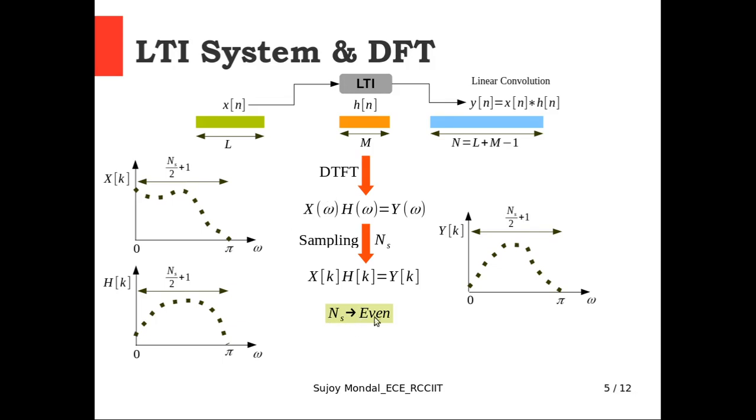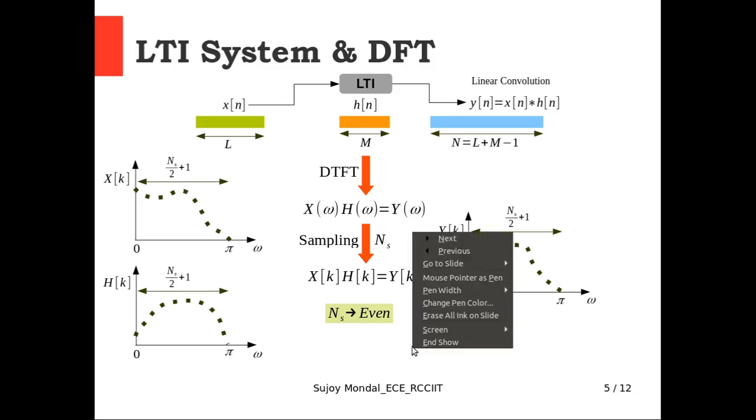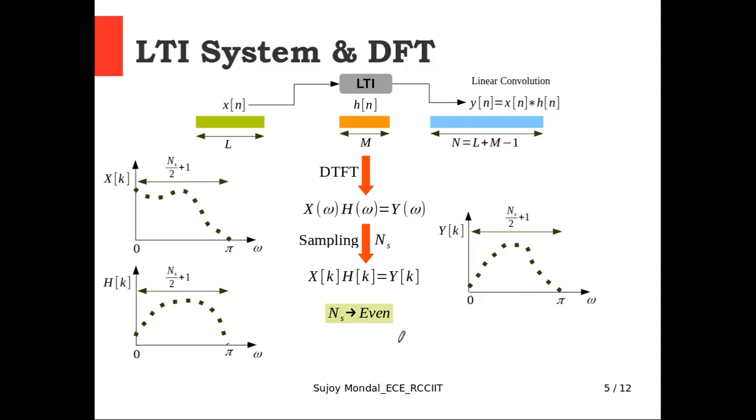Now if we consider Ns to be even, generally the number of points we consider during sampling in the frequency domain is taken to be an even number. So this sequence length should be even, since Ns by 2 is also an integer, plus 1. Let me explain why this is plus 1. Let's say this is the frequency axis f, the regular Hertz frequency axis, over which this is the sampling frequency fs, and this is the 0 frequency.